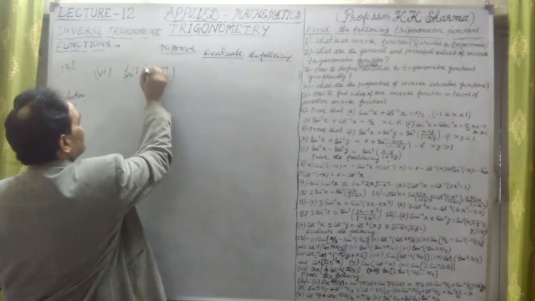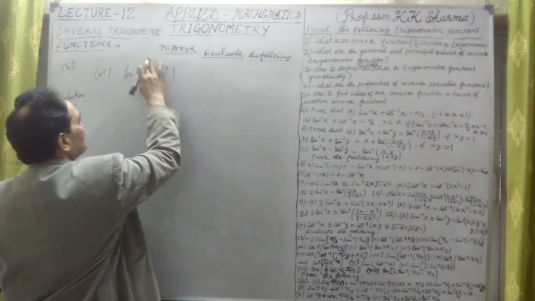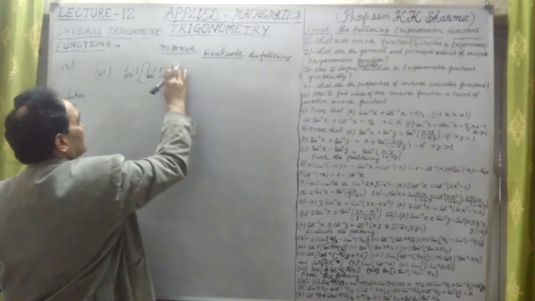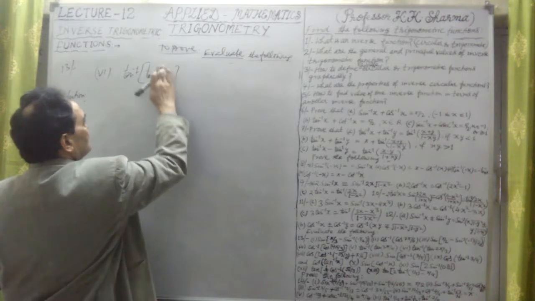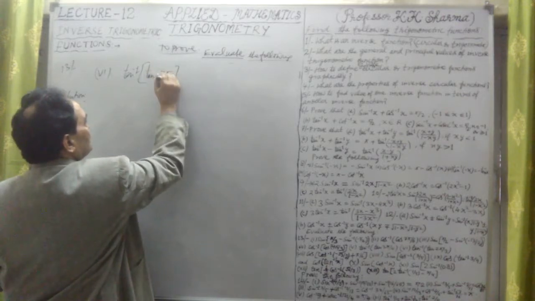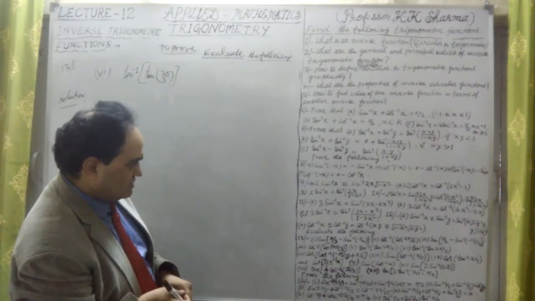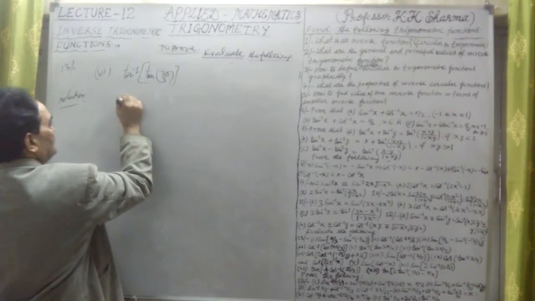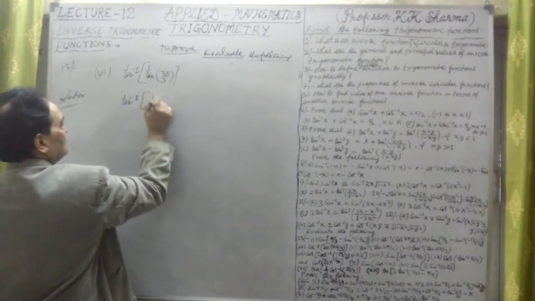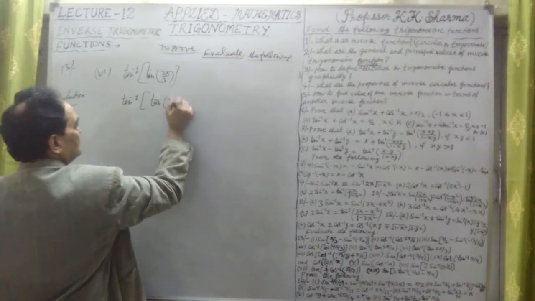I'm sorry, I was writing it wrongly. So this is tan inverse of tan 2 pi by 3. Now this is okay. I'm writing it the same as it is.